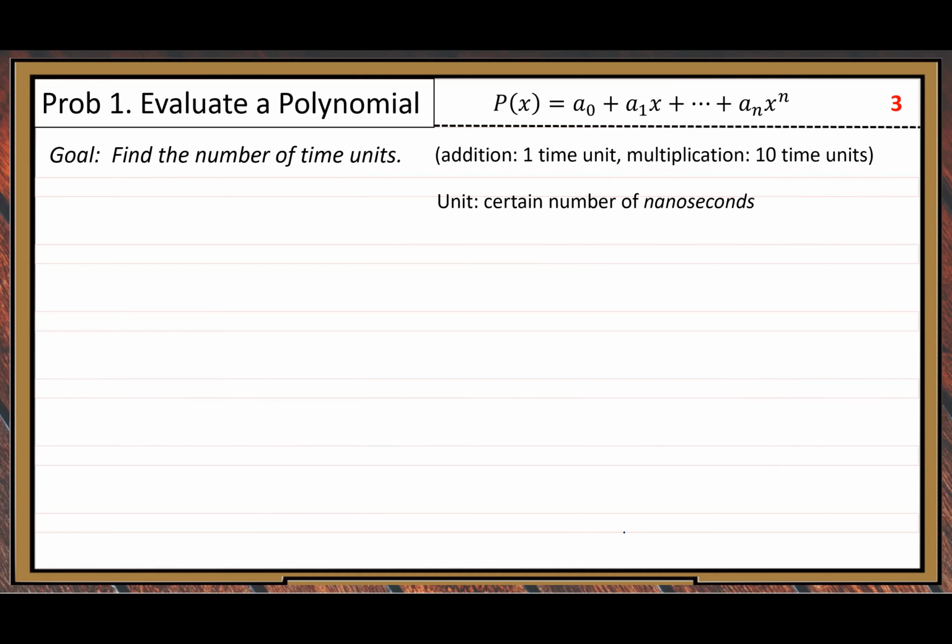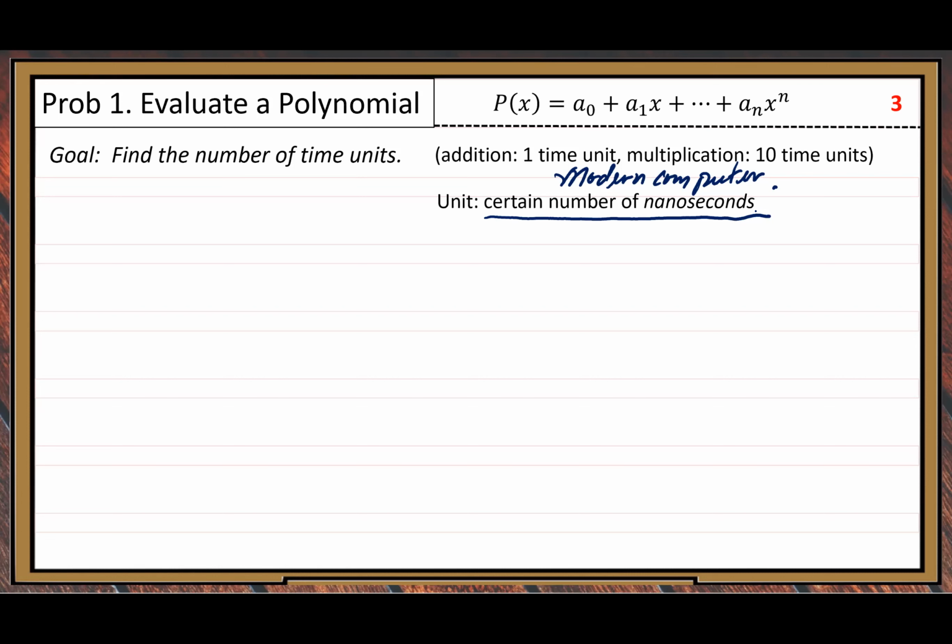For modern computers, to do one addition, we just need a small number of nanoseconds.